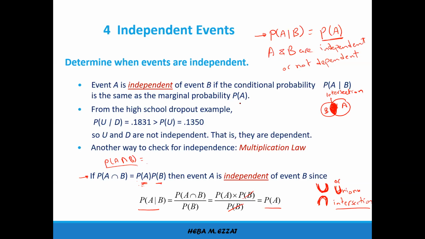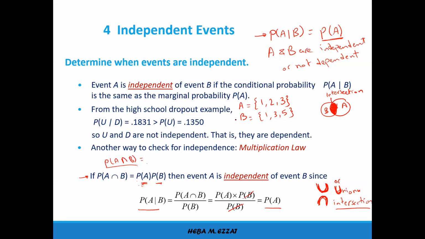So I'll give you a simple example. If we have these outputs for rolling a die for event A, and for event B we have these outputs. Event A is all the outcomes from 1 to 3, and for event B, for example, the odd numbers.